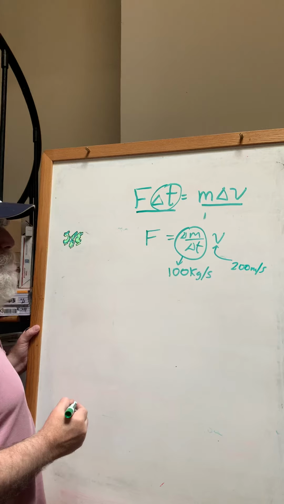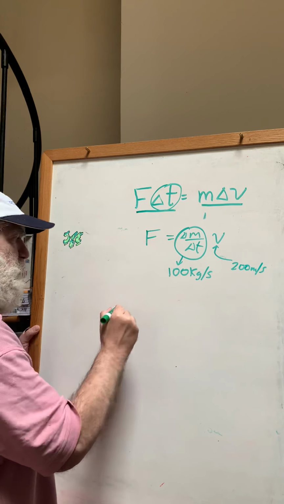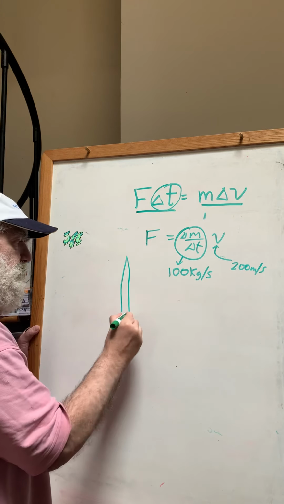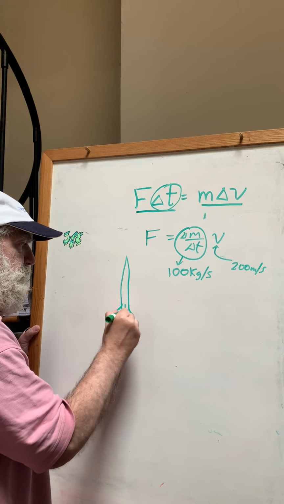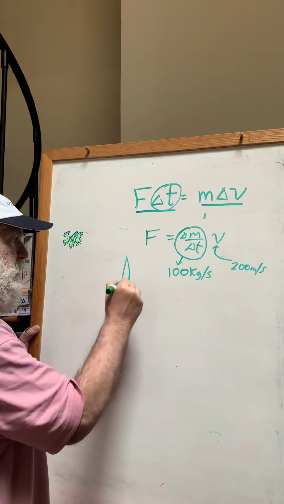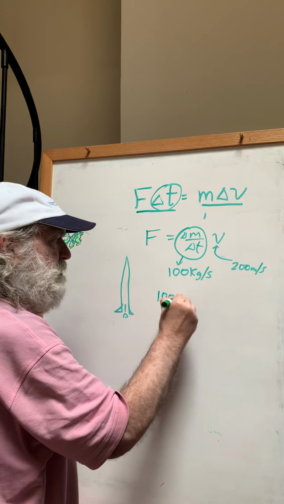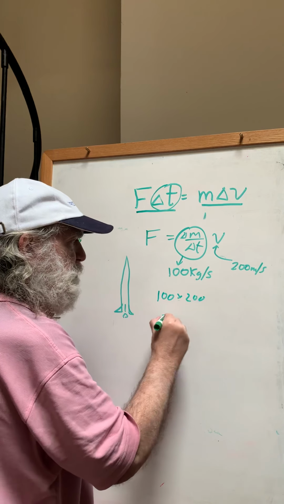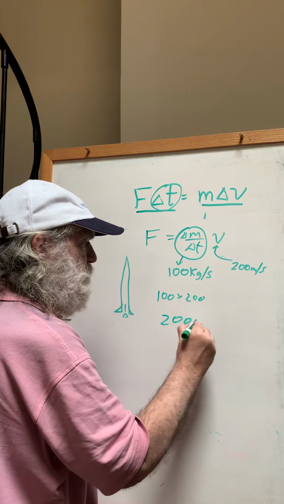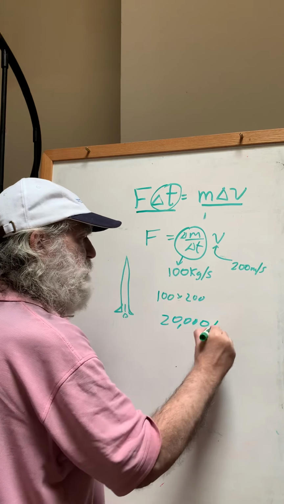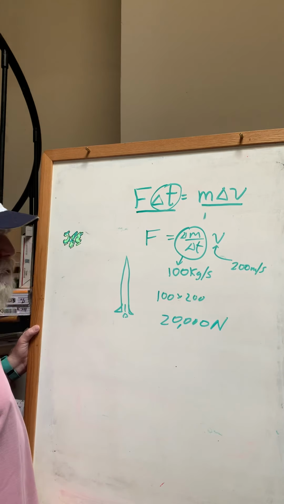So the upward thrust or force that we get for our rocket is going to be 100 times 200, so that's a 2 followed by 4 zeros. So we get 20,000 newtons of force.